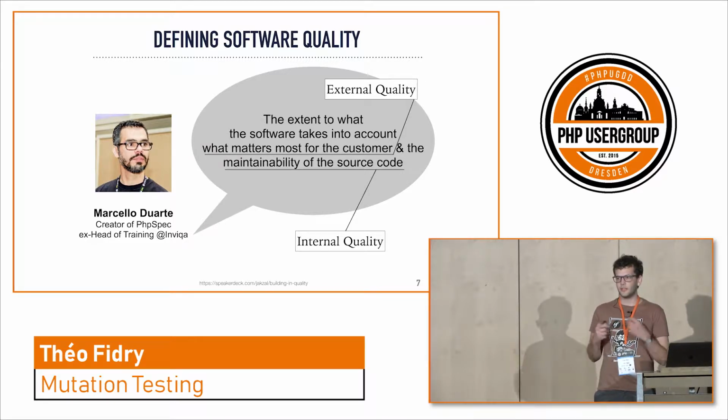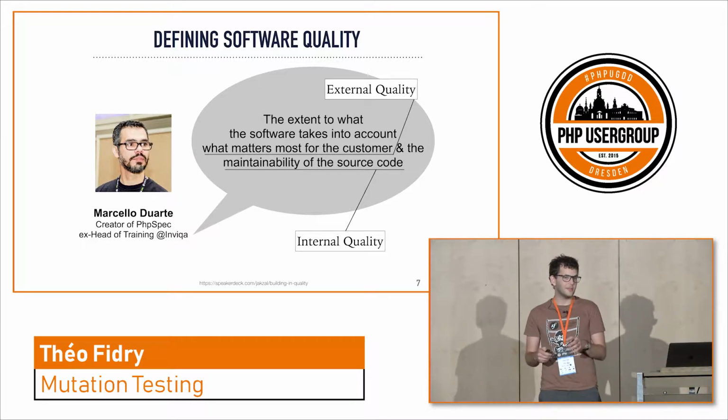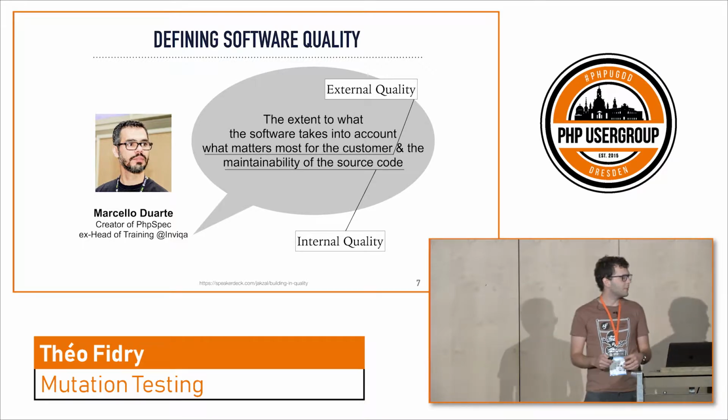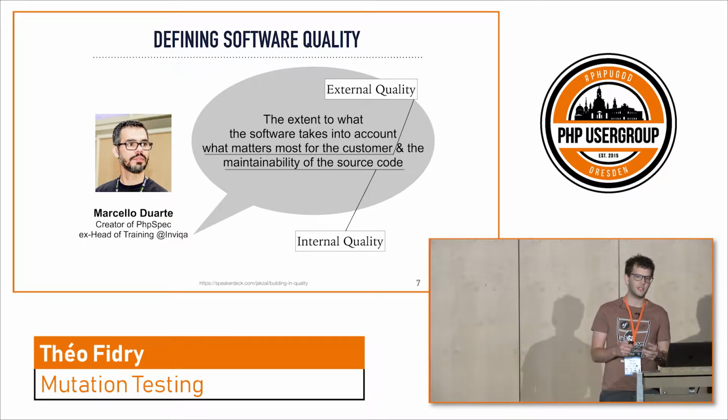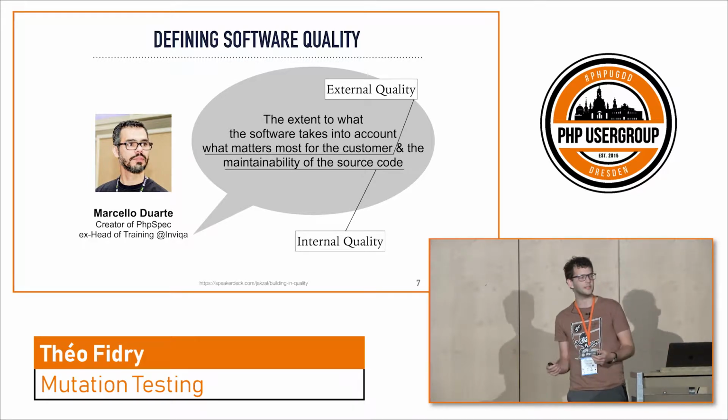If you pay attention to that definition, you can notice two different kinds of quality. The first one is what matters to the customer, which is the external quality, and then the maintainability of the source code, which is the internal quality.